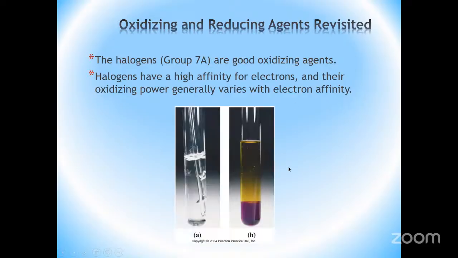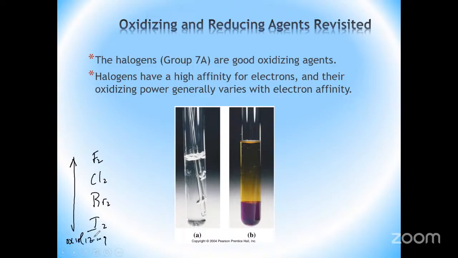What you'll find is that the oxidizing power increases as you go up group 7A. Group 7A has bromine at the bottom here, iodine below that, and then chlorine and then fluorine. So the oxidizing power increases going up the group. This is oxidizing power.